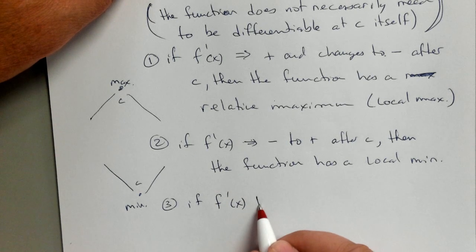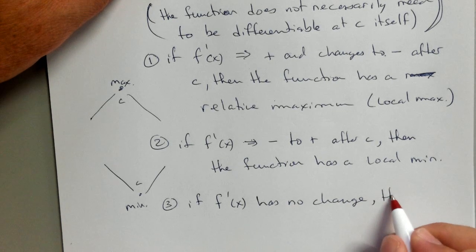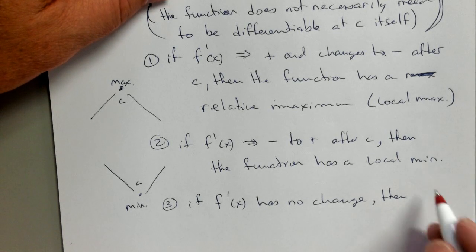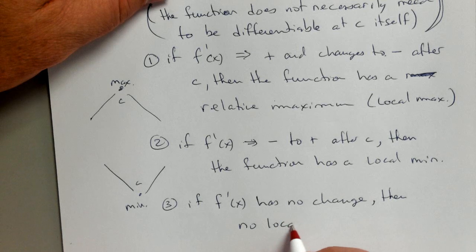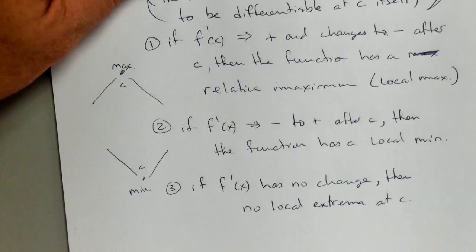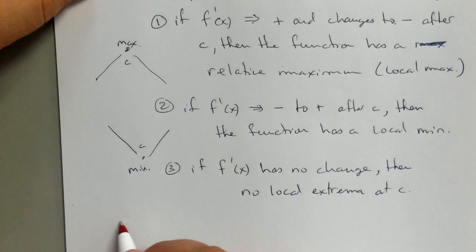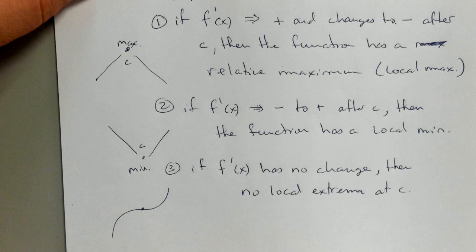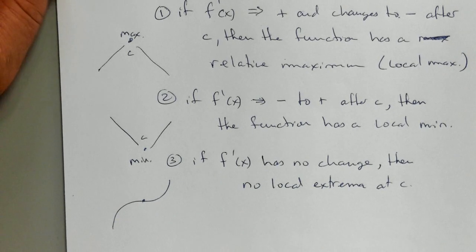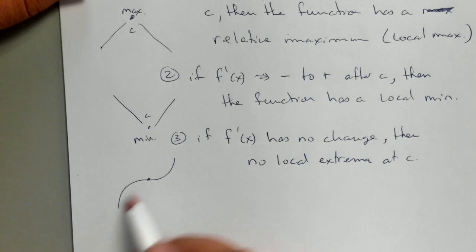If f prime of x has no change, then no local extrema exist at C. What that says is, we have this graph, the x cubed function.